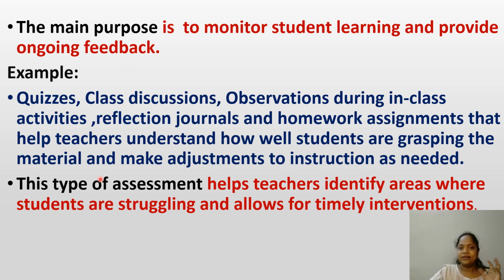So how do we do? Quizzes, class discussion, observation during in-class activities, or reflection journals. Reflection journals, children are writing their own journals there. And homework assignments that help teachers understand how well students are grasping the material and make adjustments to instruction as needed. This type of assessment helps teachers identify areas where students are struggling and allows for timely interventions.